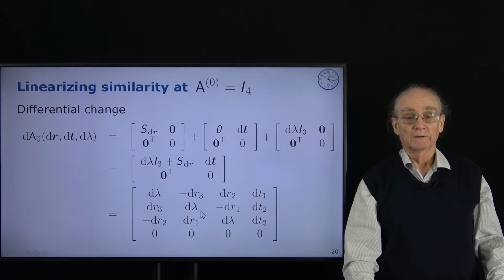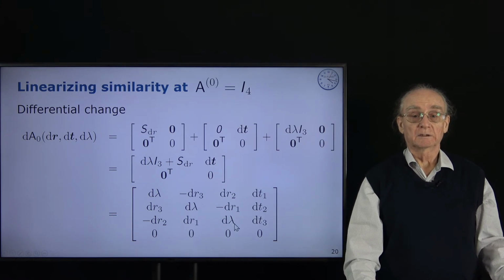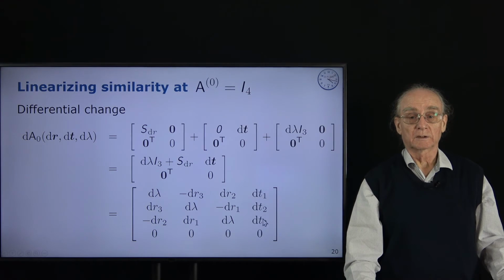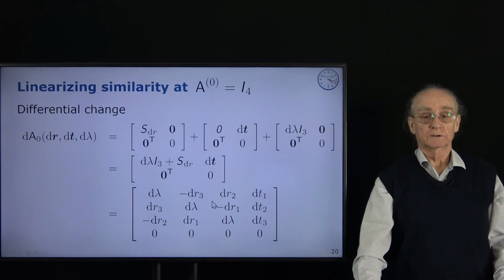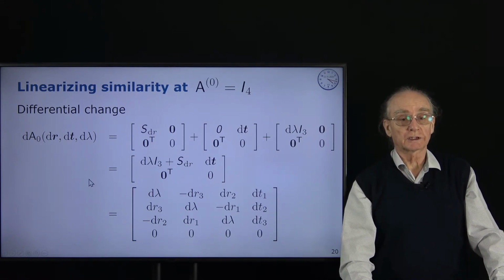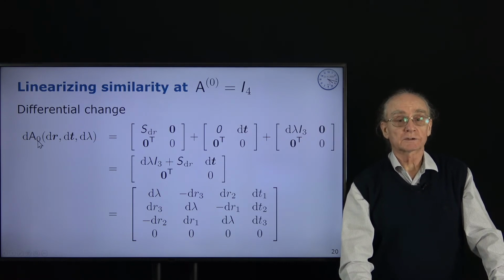So you see the changes of the lambda on the diagonal, you see the translations on the upper right, and you see the skew-symmetric part of the rotation vector here with minus, plus, minus, dr 1, 2, 3. So this would be a small change of a similarity close to a unit matrix. That means to a 0 change of the similarity.